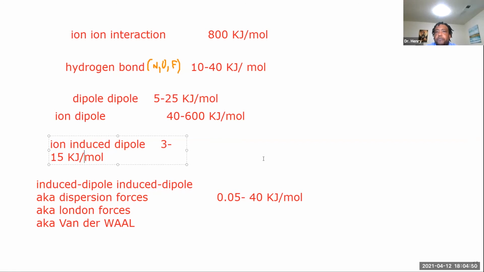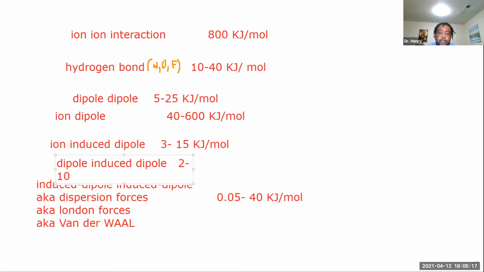And then we have dipole induced dipole. It's about 2 to 10 kJ.